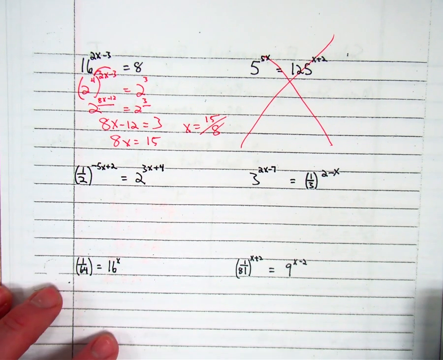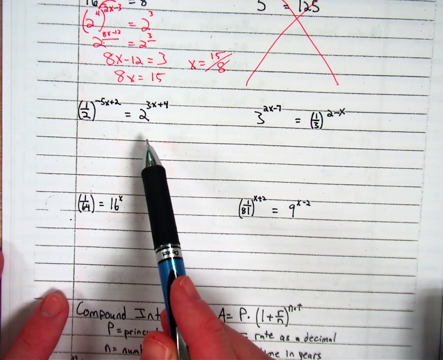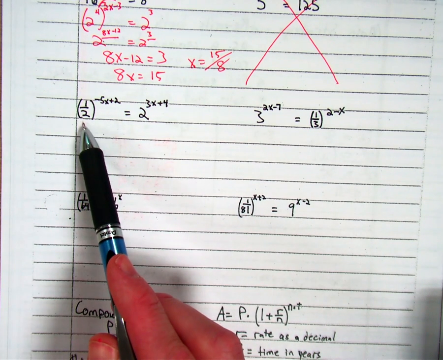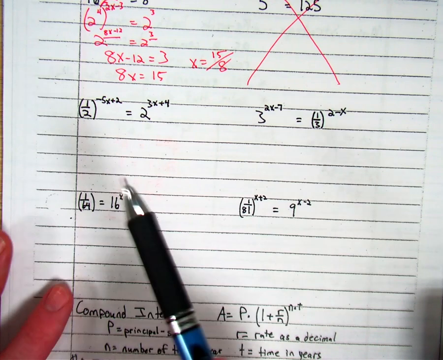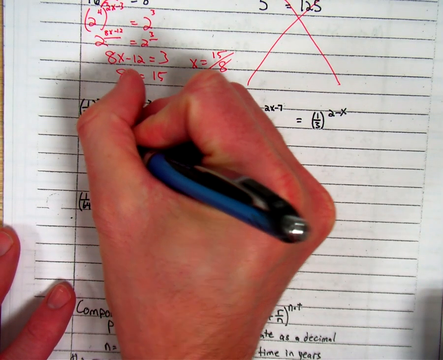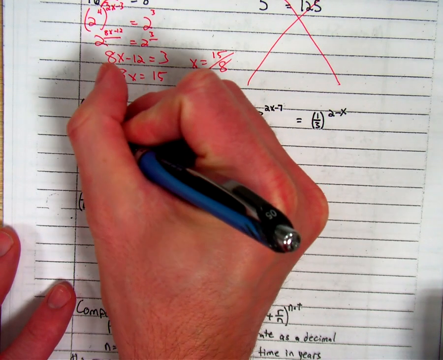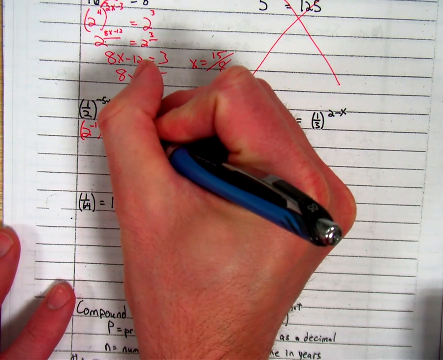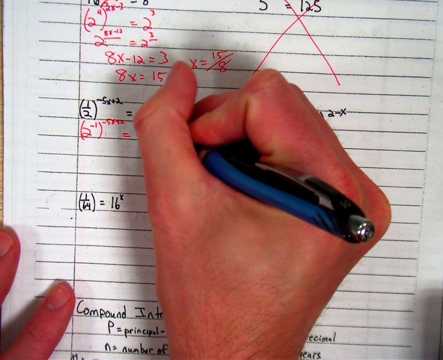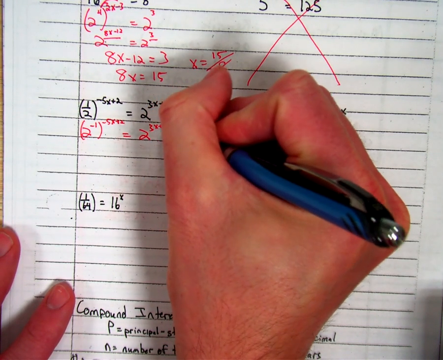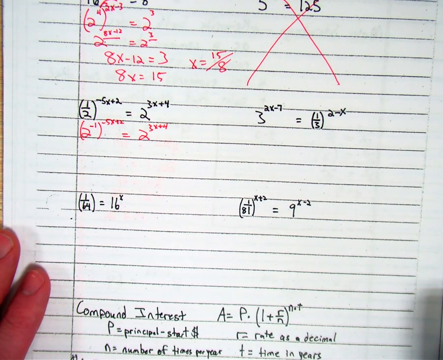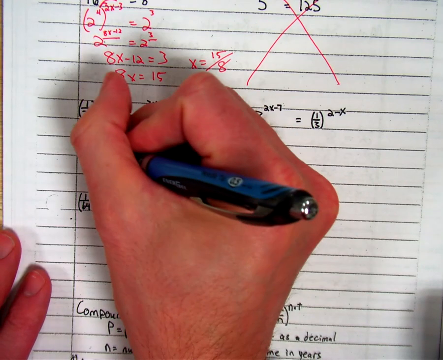Another one we're going to talk about is this one, a half and 2. A half, when it's a reciprocal, when it's flipped, is just the negative 1 power. So 1 over 2 is 2 to the negative 1 power. And then we have negative 5x plus 2, equals 2 to the 3x plus 4. Let's distribute that negative 1.